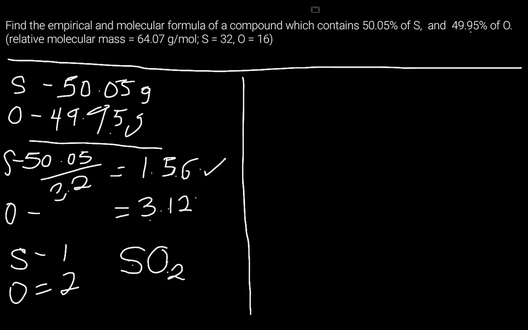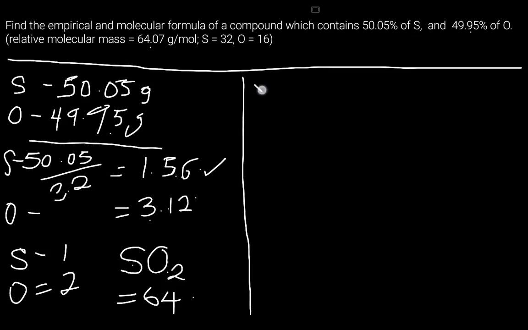So it will be 32 plus 16 plus 16, giving a total of 64. That becomes our empirical weight. Now we're given the relative molecular mass of the compound as 64.07.